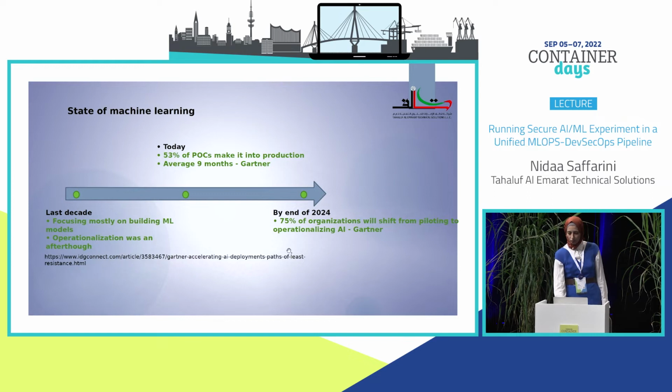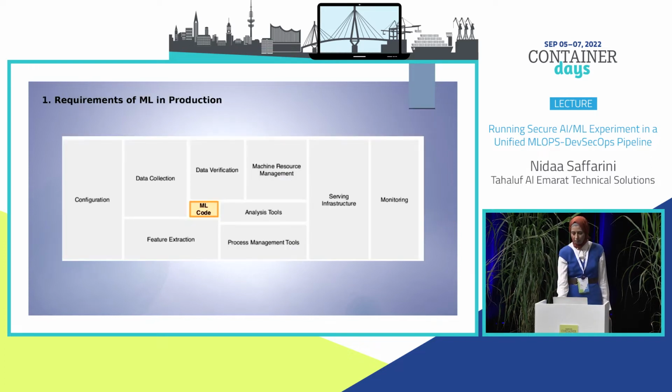Until this year, depending on this research, 57 percent of organizations are trying to shift to not only building the AI or machine learning model, but also operationalizing the apps that depend on those models. The problem with ML is not only that we need time to train the model, but also that we need to make it short in order to train thousands of models and deploy many apps.